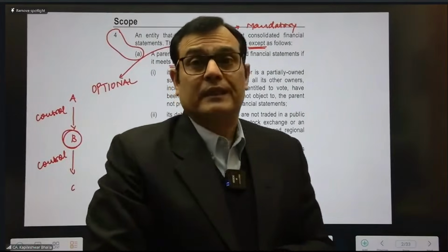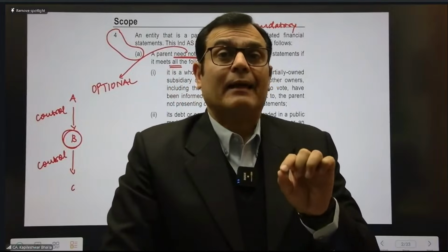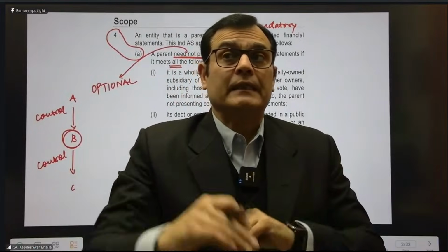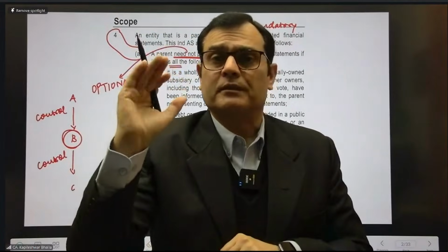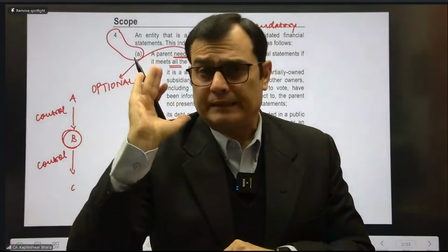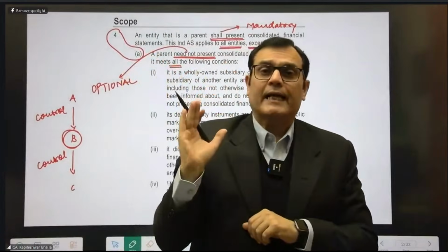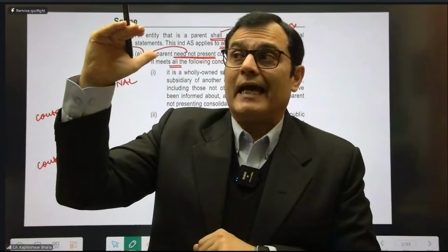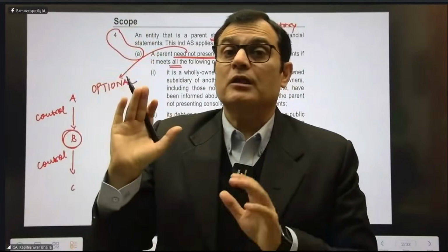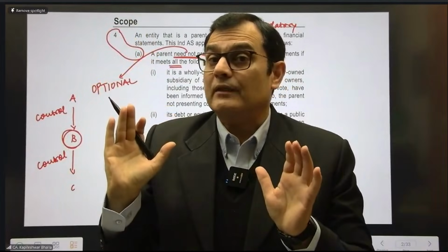Let me make one thing very clear: when you look at the application of para 4A, the presence of a chain is a necessary prerequisite. Don't worry, we'll write down the notes later. But when you're looking at the concept of para number 4A, what is important is that there has to be a chain. If there is no chain, para number 4A cannot apply.